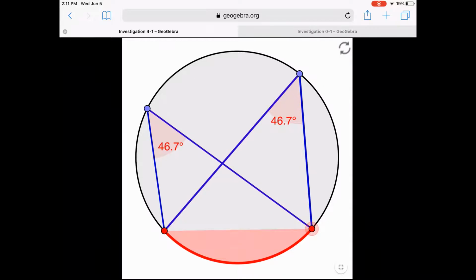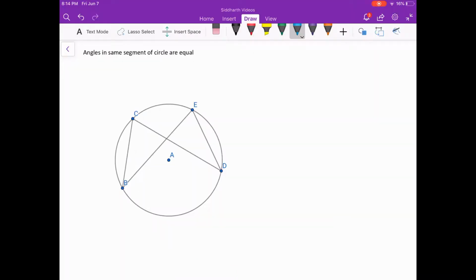Let's prove this. In this diagram, we see that the arc BD subtends two angles, angle C and angle E. We need to prove that angle BCD is equal to angle BED. In order to prove this, let's connect AB and AD.